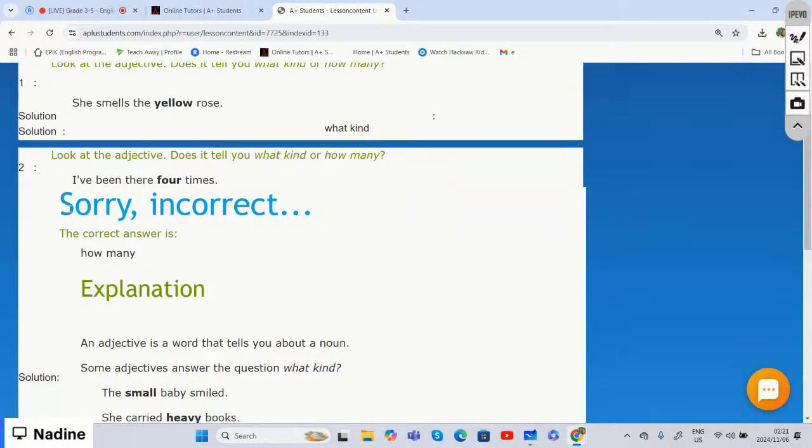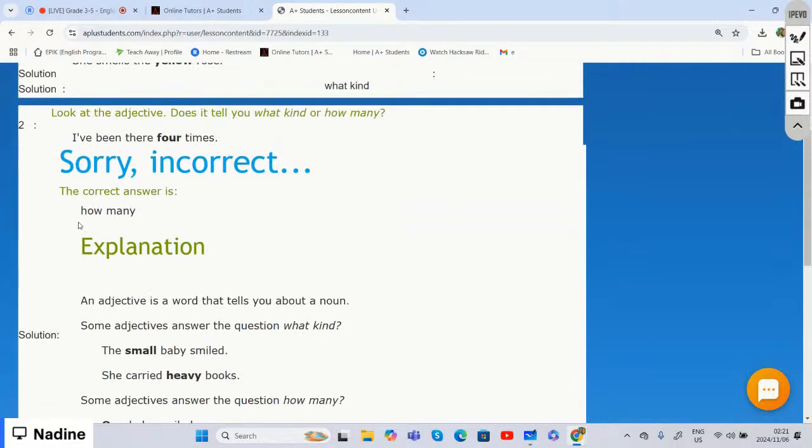All right. And we already went over what an adjective is: describes the noun, tells us about the noun, modifies the noun. And there are questions that are asked when it comes to adjectives. Questions like what kind of it is, or how many are there of it.